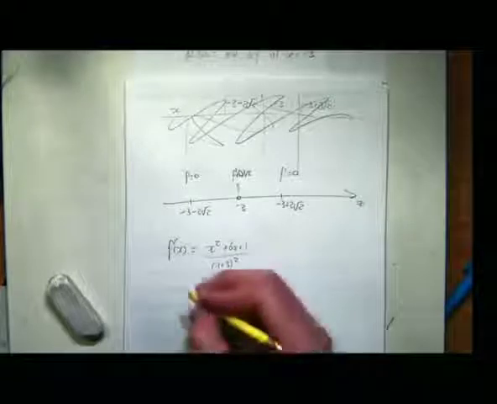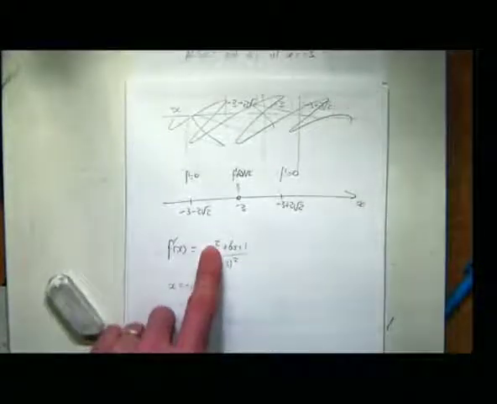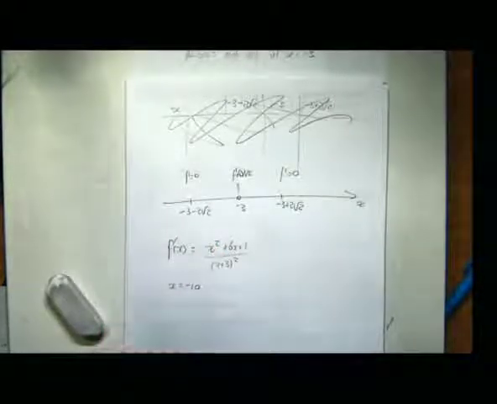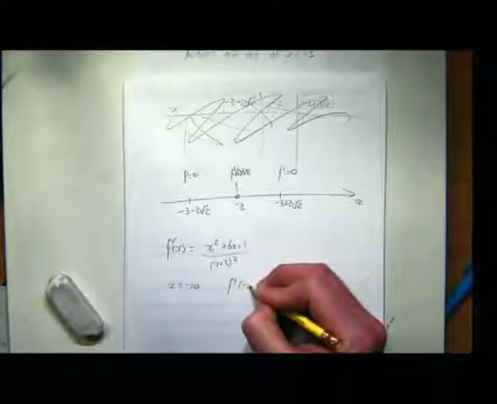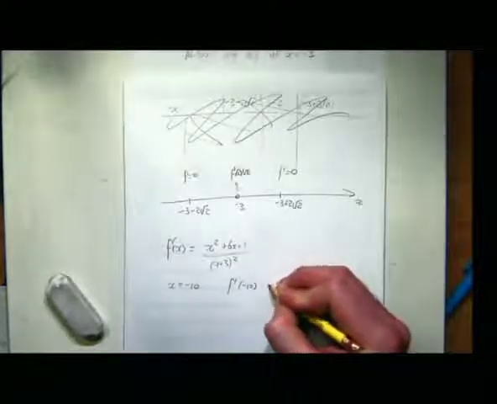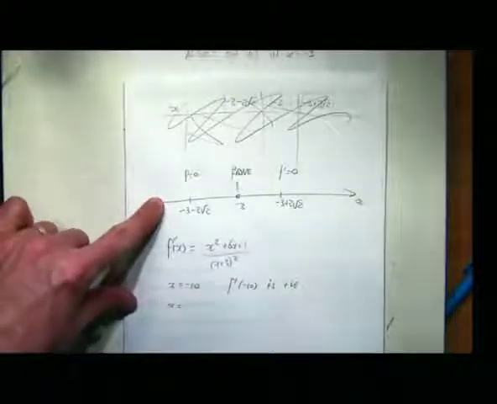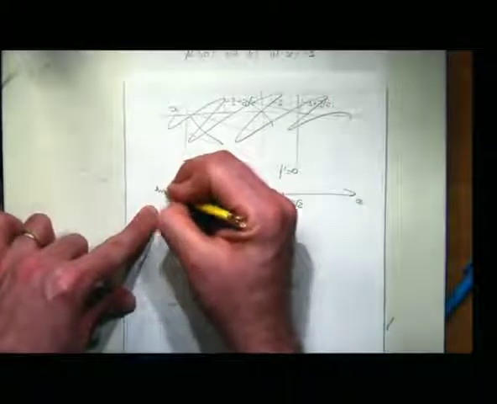I chose minus 10 because it's easy for me to square, because it becomes 100. We get f dash is positive. All right, so that was in this zone here, so we get positive here, which means it's going up.